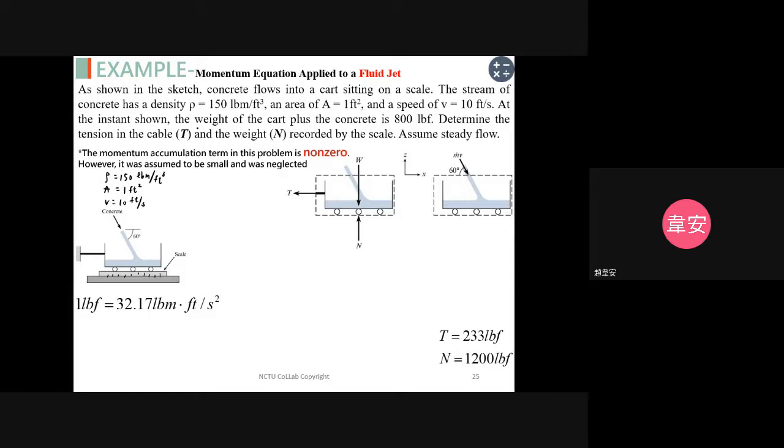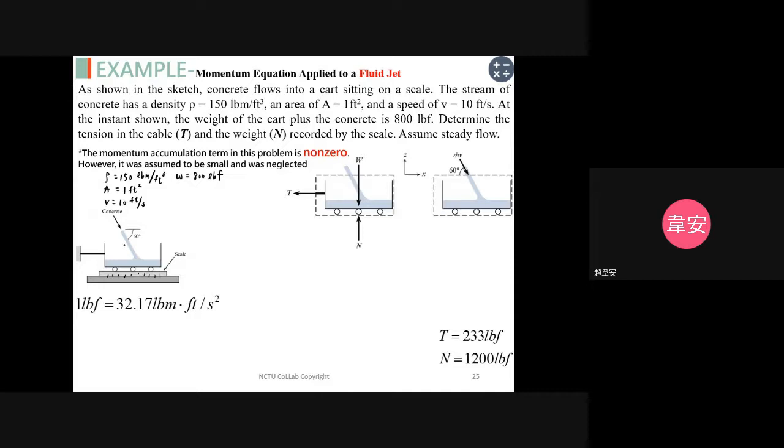At the instantaneous time stage, the weight of the car plus the concrete is 800 pound force. Please determine the tension in the cable.